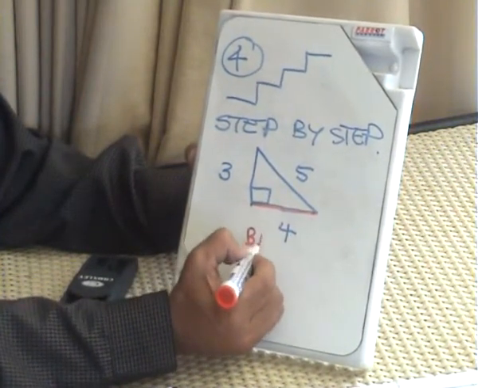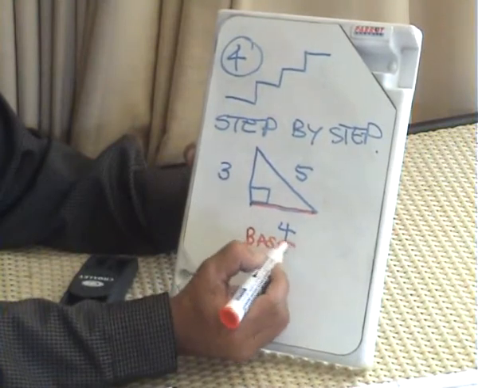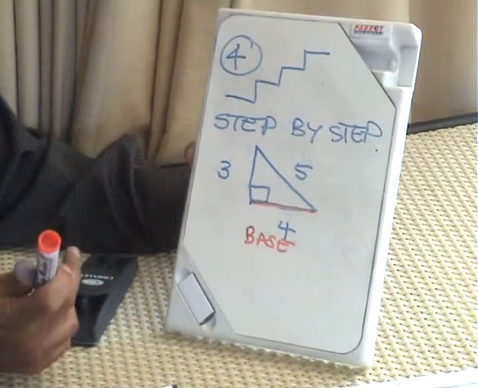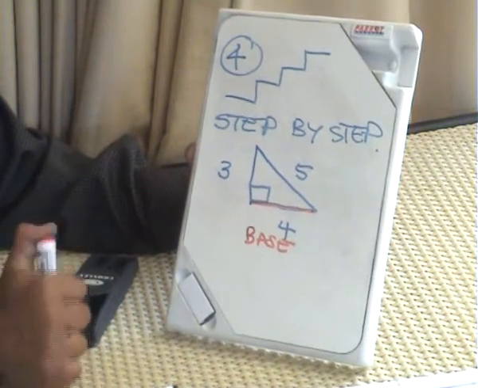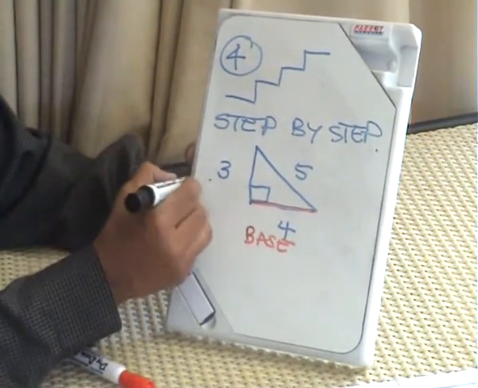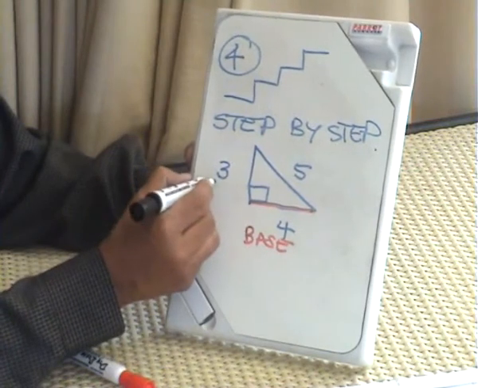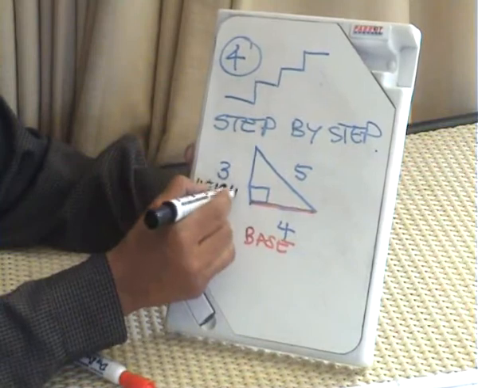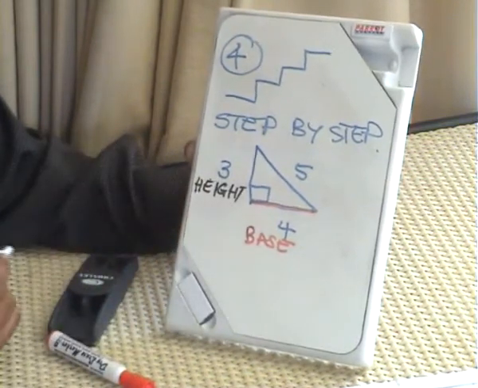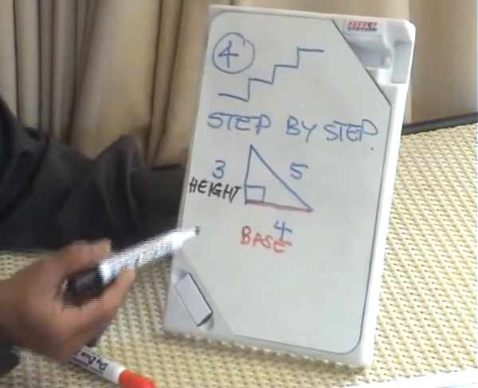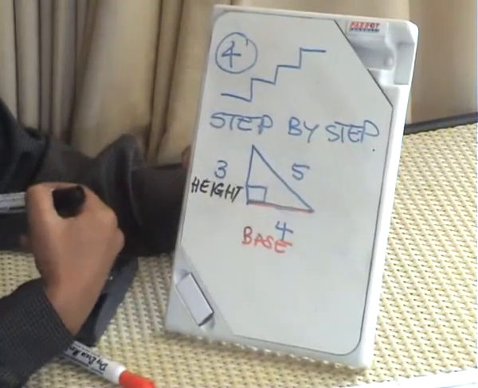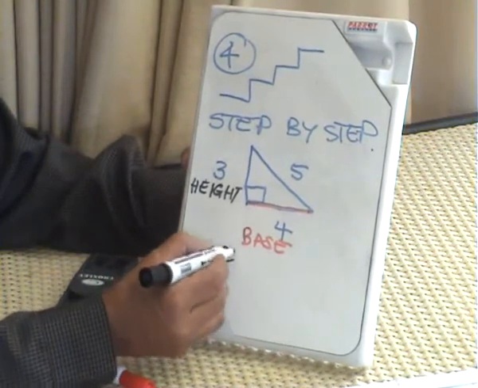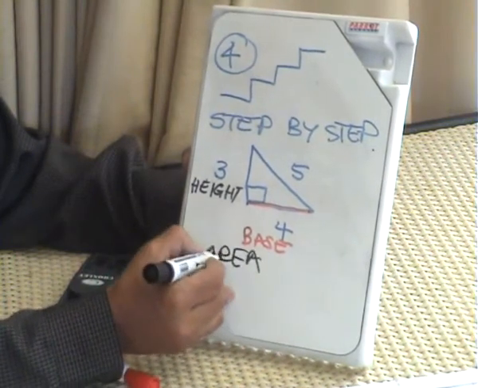So that's step 1. Step 2, I'll have to identify the height. So this is my height. Step 3, I have to ask, do I need this 5? I don't need it because I'm required to find area.